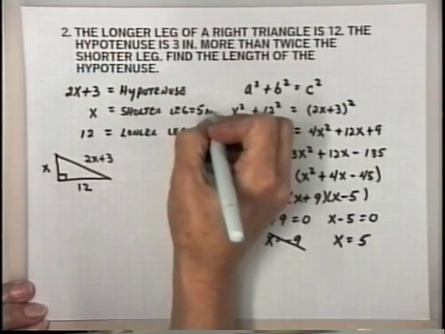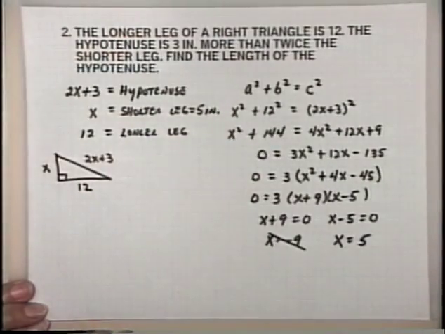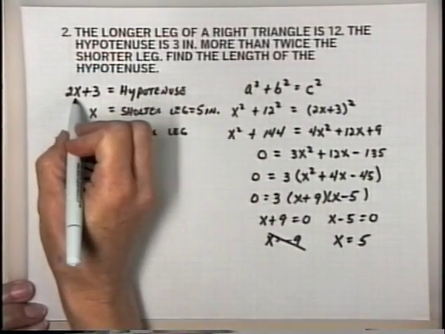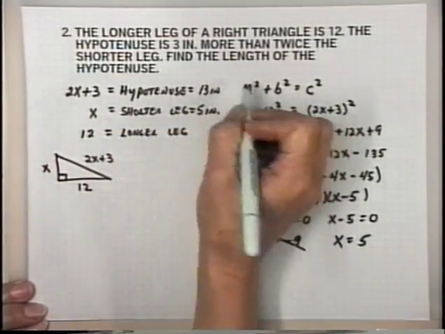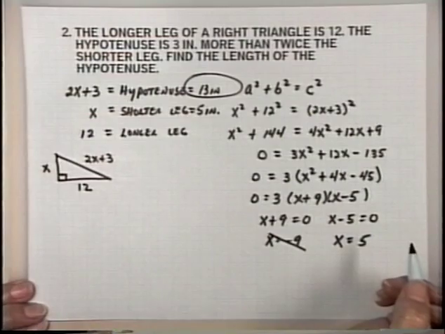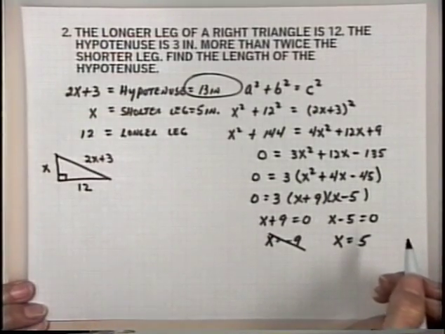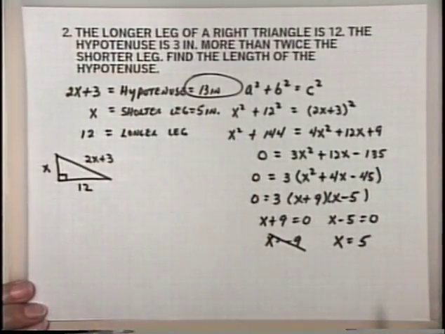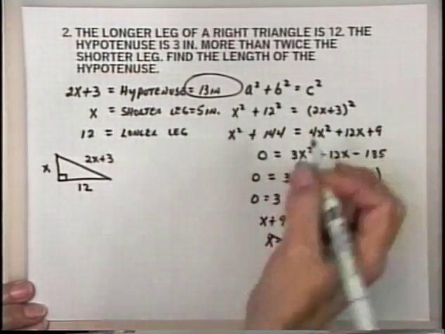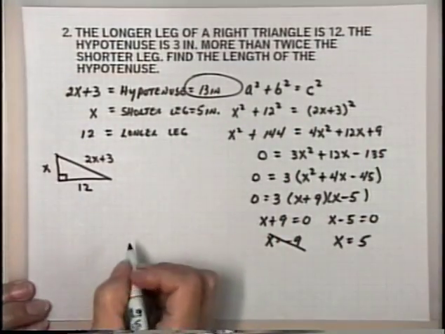Our units are inches here, so our shorter leg is 5 inches. 2 times 5 is 10, plus 3 would give us 13 inches for the hypotenuse, which is what we were asked to find. Now, our hypotenuse is 3 inches more than twice our shorter leg. Let's make sure we really do fit this Pythagorean theorem.